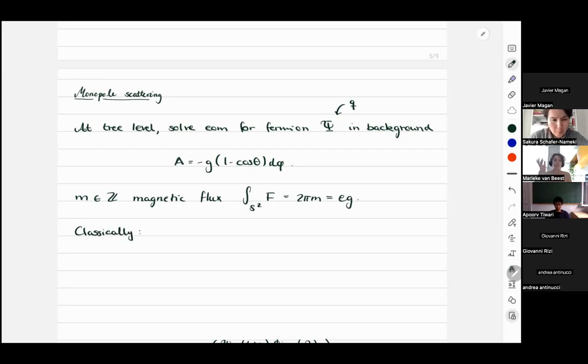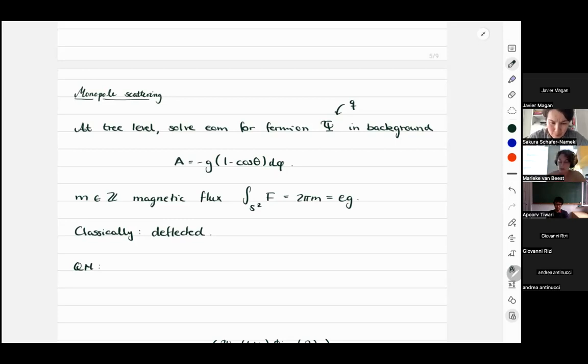Classically, if I start throwing electrons at a 't Hooft line, the only thing that's going to happen is they're going to repel. So charged particles are repelled by a magnetic monopole. They're just deflected. They gain a phase and they move away. Nothing happens. Quantum mechanically, however, that's not the end of the story.